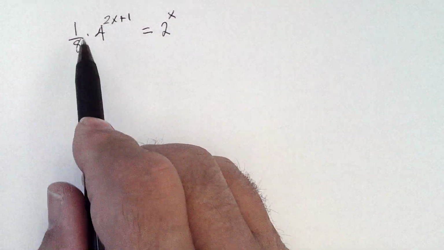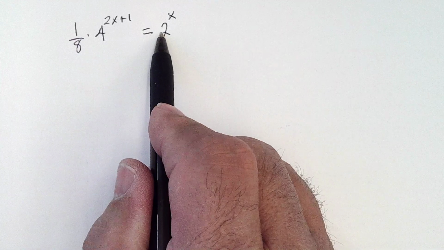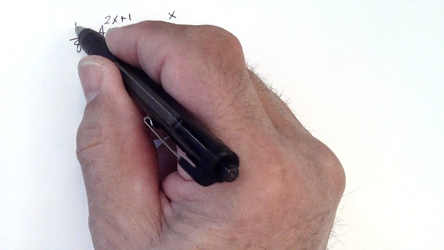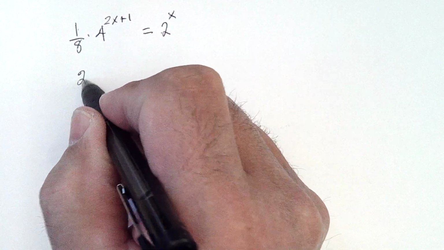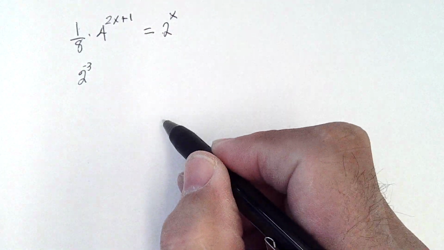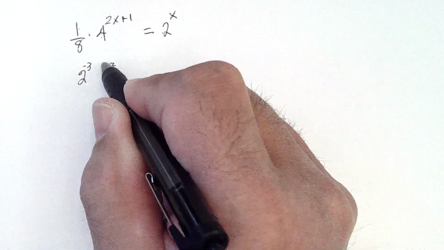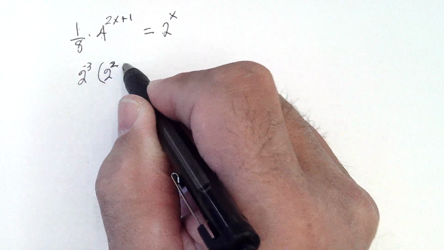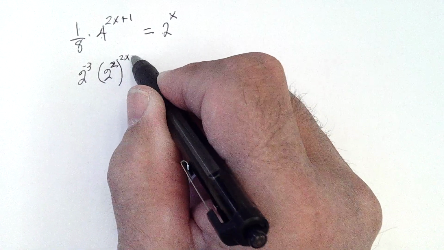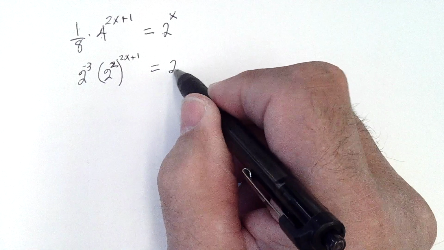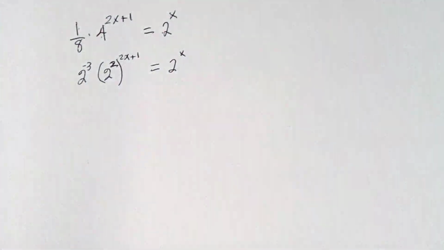And we looked at this and said, if we can make these all be the same base, we could solve this. Well, 1/8 was 2 to the negative 3. 4 is 2 squared, and that was to the 2x plus 1. And this is already base 2 to the x.